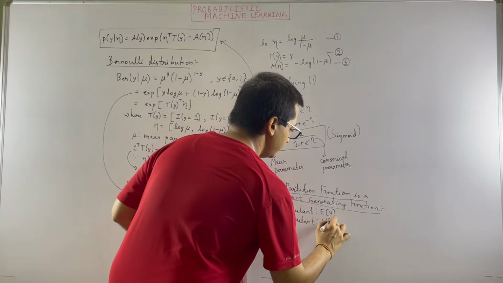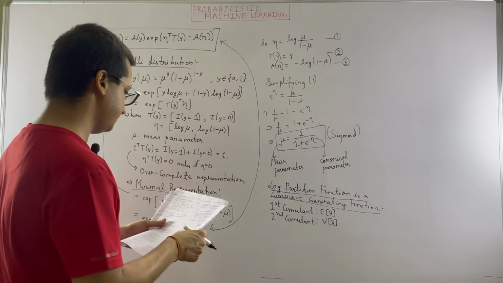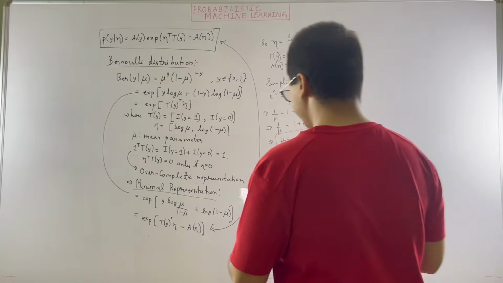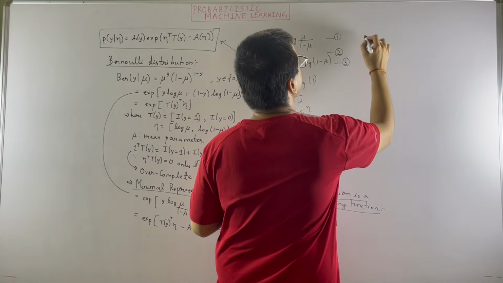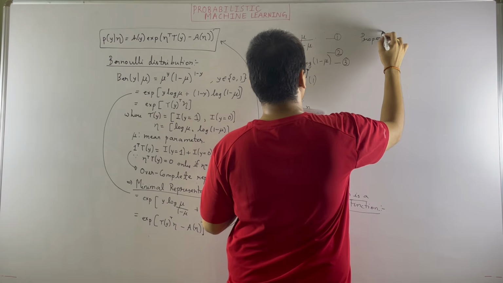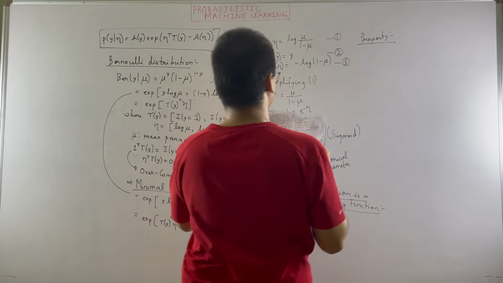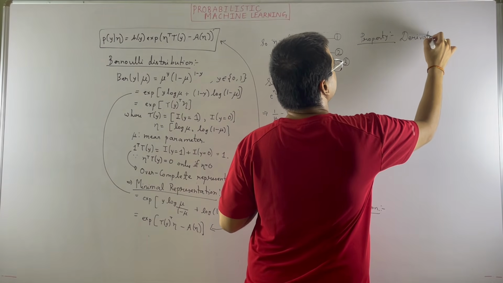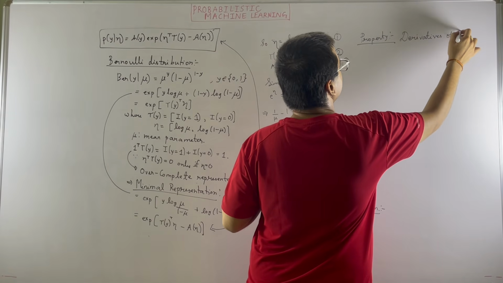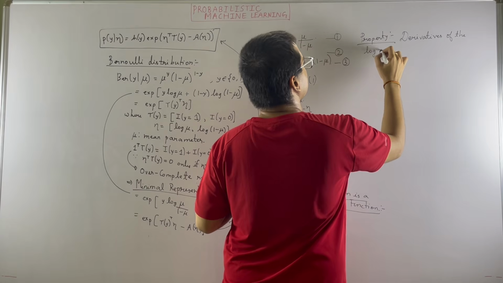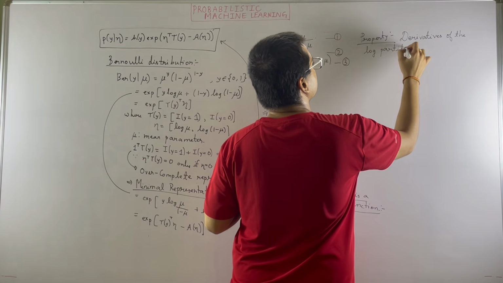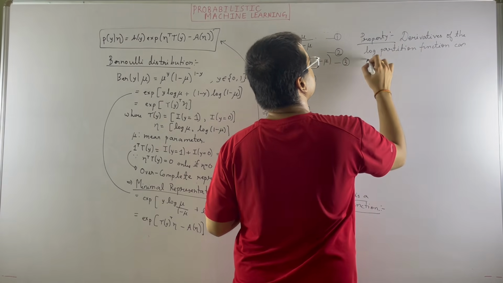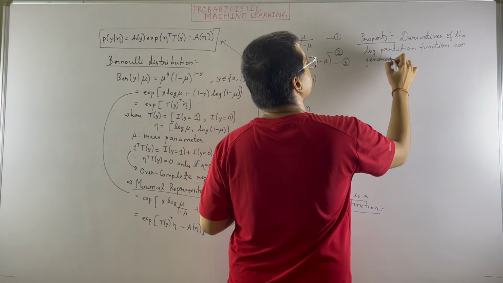Okay, the variance. All right. So what we can write is that the property that we wanted to mention is this: the derivatives of the log partition function can generate all the cumulants of a distribution.